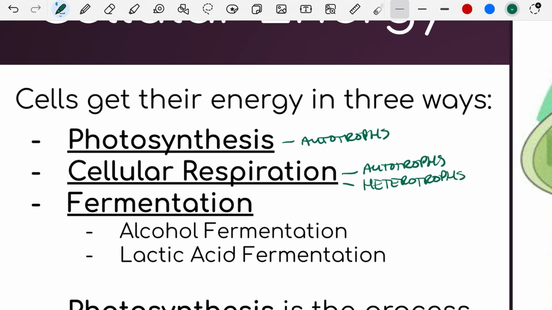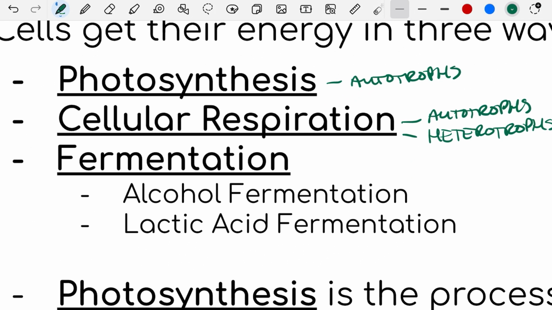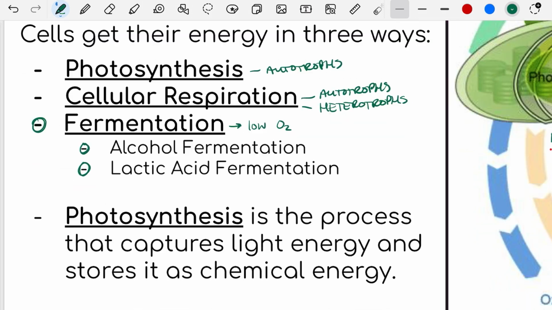Okay, and then we're going to talk about something called fermentation, which you've maybe not talked about before. This is specific to low oxygen conditions, and we'll talk more about that later. There's two types. There's alcohol fermentation and lactic acid fermentation. And we'll talk about which ones do which.